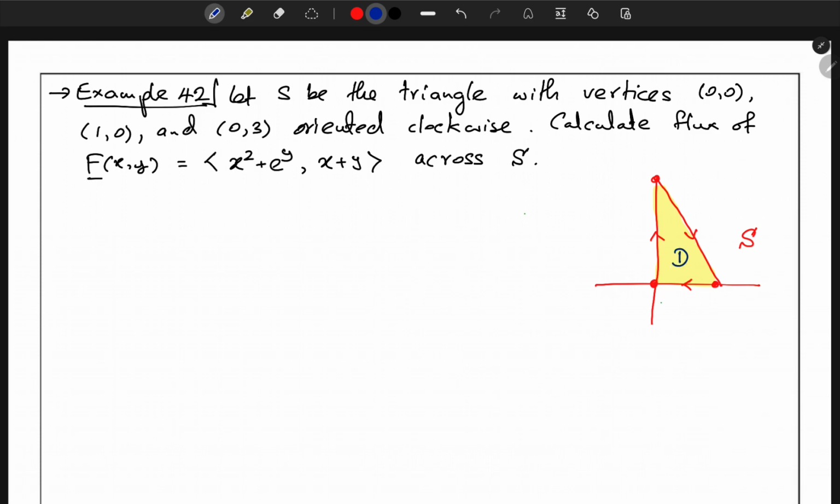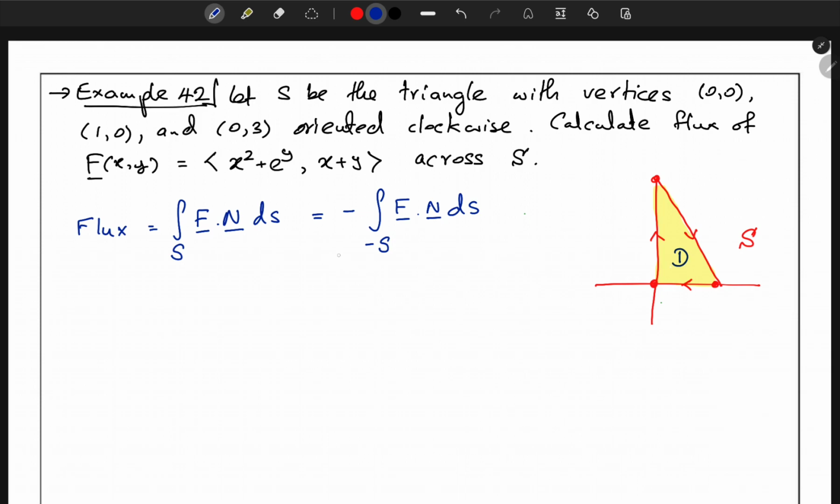Now remember, Green's theorem says if the curve is oriented counterclockwise, we can do that. Now S is oriented clockwise. Right? So the flux is the integral over the curve S. Since it is oriented clockwise, we need to change its direction to use Green's theorem.